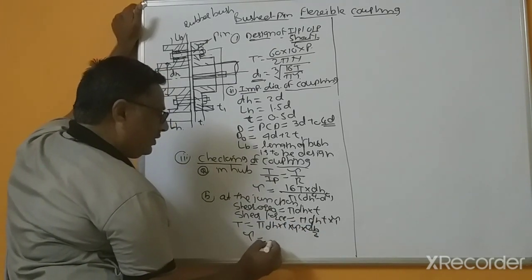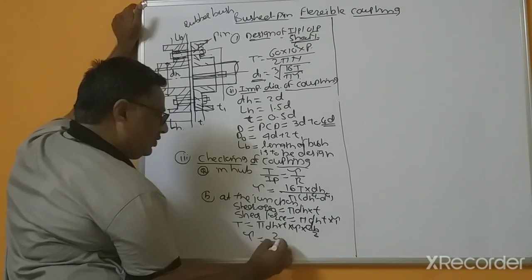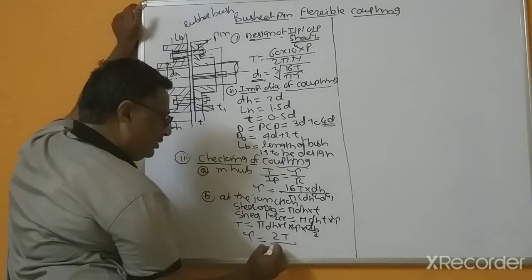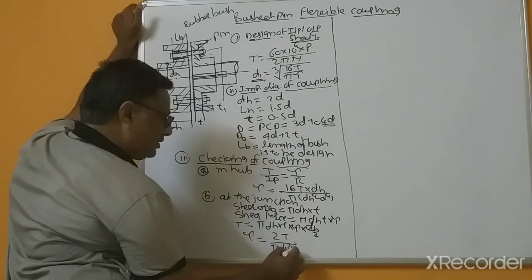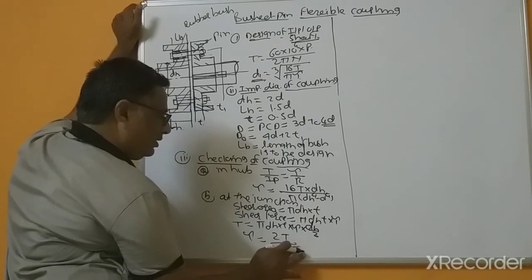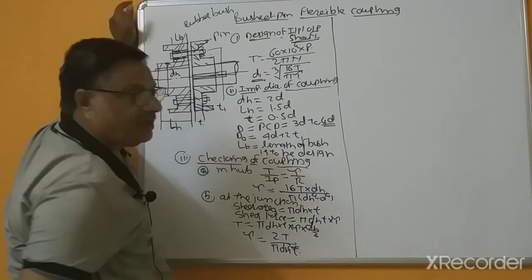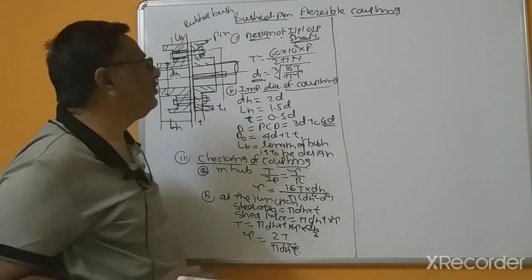So tau = 2T / (pi dH^2 x T). Check here whether the design is safe or not.